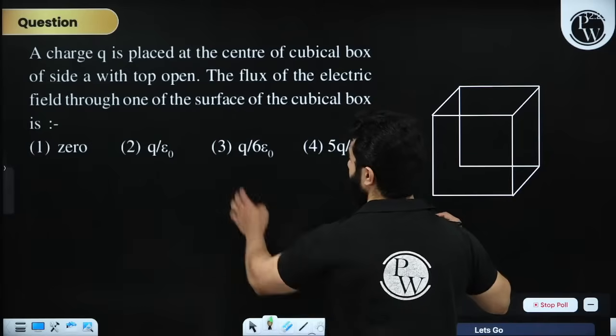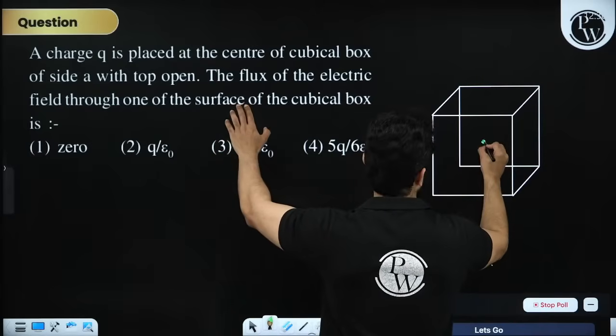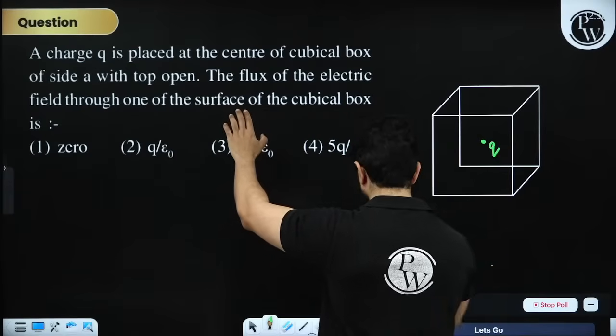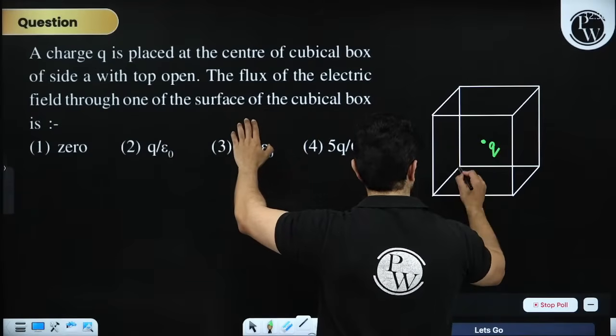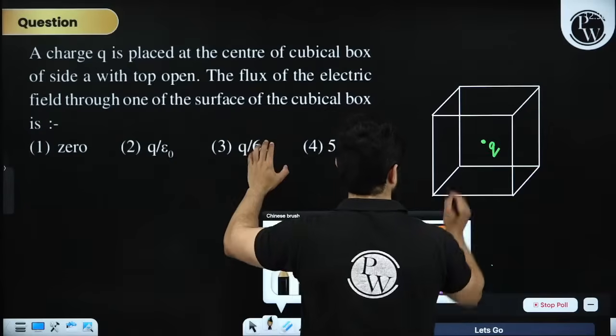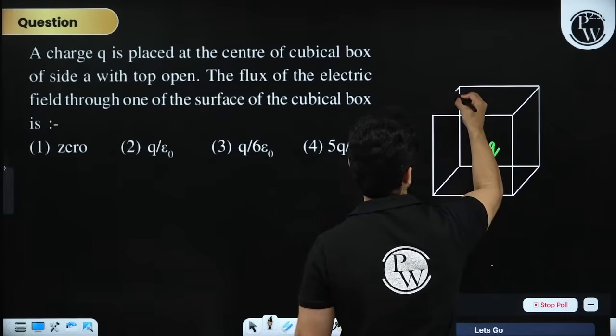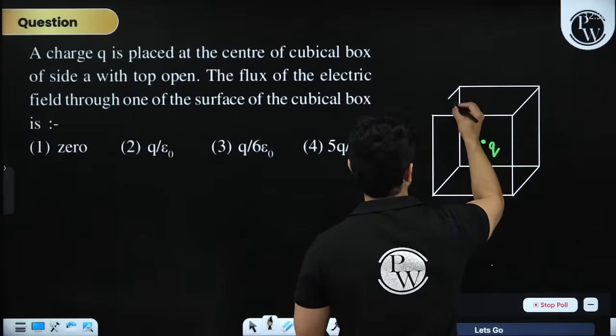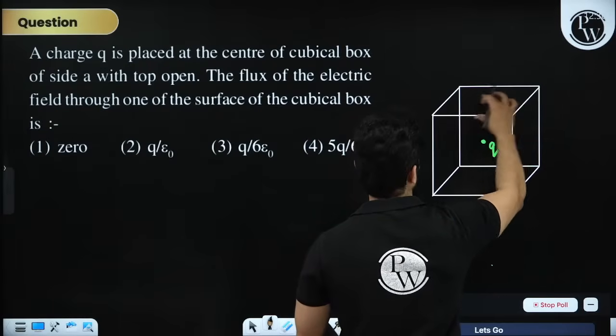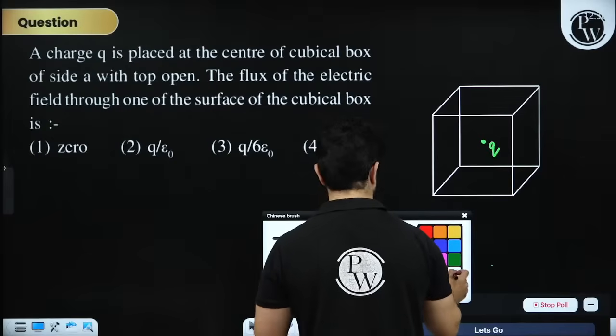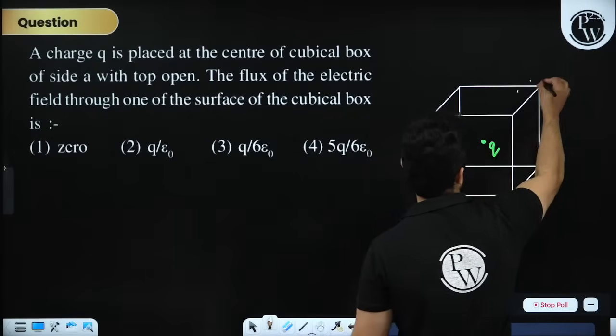Then they are saying we have got a charge q placed at the center. And the next thing is that they have said this is open from the top. So this place is open.